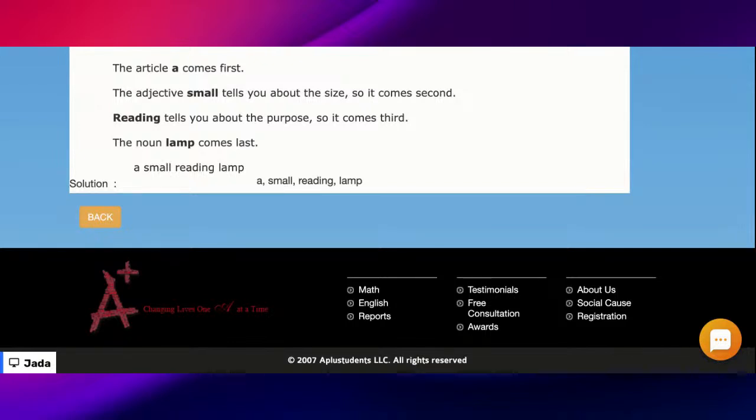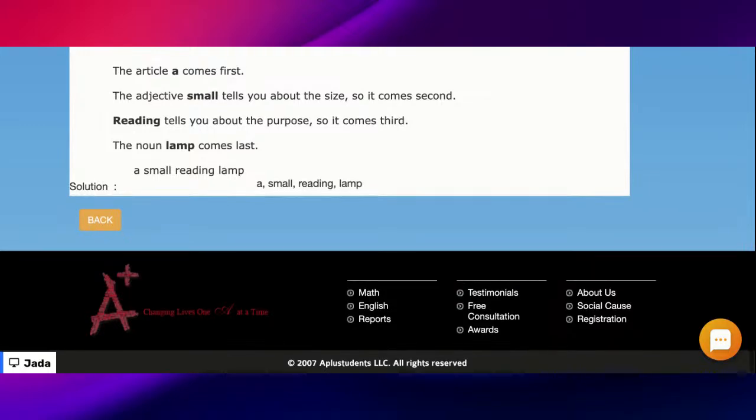Okay. So do you guys tell me on the chat box? Do you have any questions about the order of adjectives before we move on to the test? If you have a question, I will explain that. Otherwise I will move on to the test. Any question, guys?